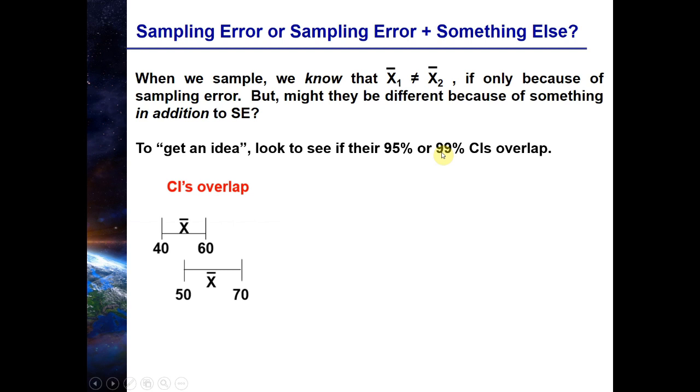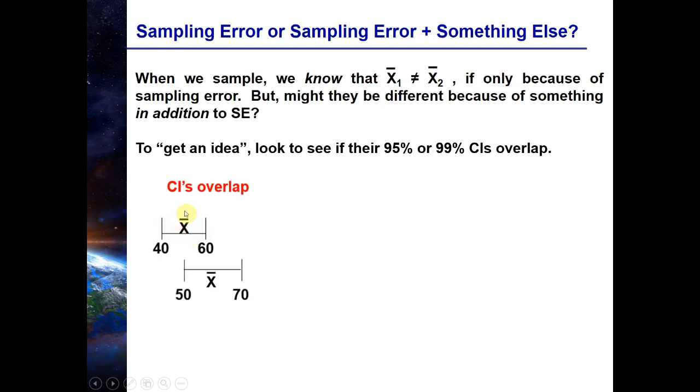All right, so let's look at what we mean by confidence intervals overlapping and non-overlapping. Here's your mean for, let's just pretend we have two screens, dim and bright, okay? So right smack in the middle, that would be 50. Whatever 50 represents, the reading speed, I guess. So 50 is your X bar, and the interval that we drew around it is from 40 to 60, right?